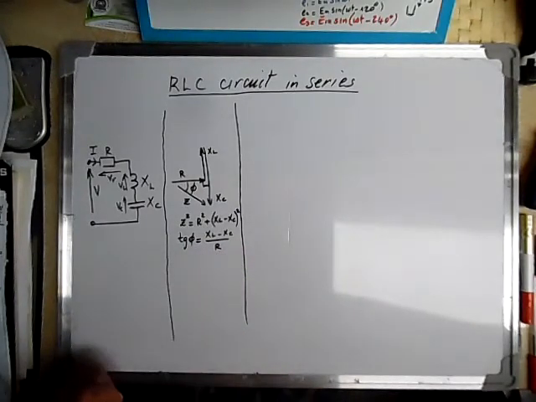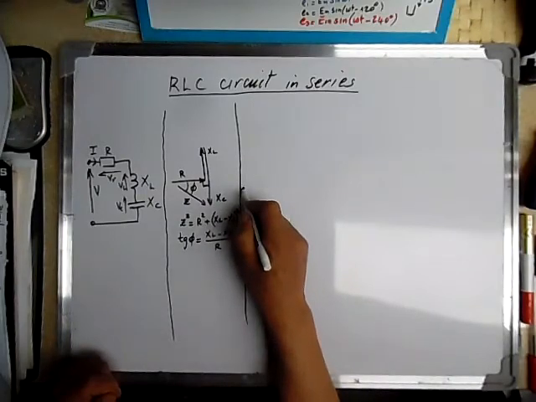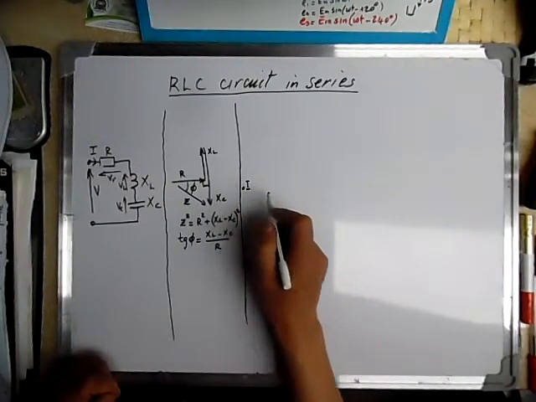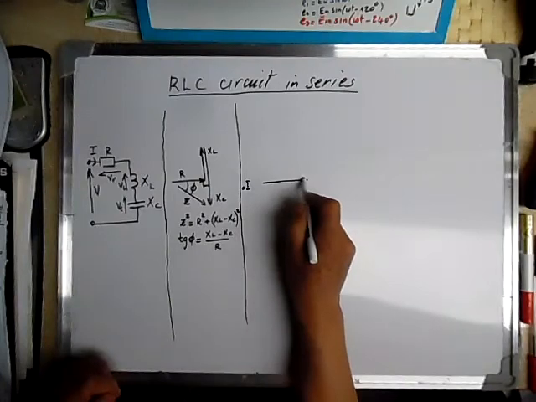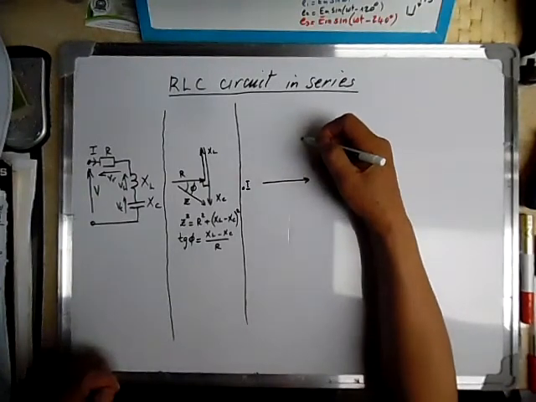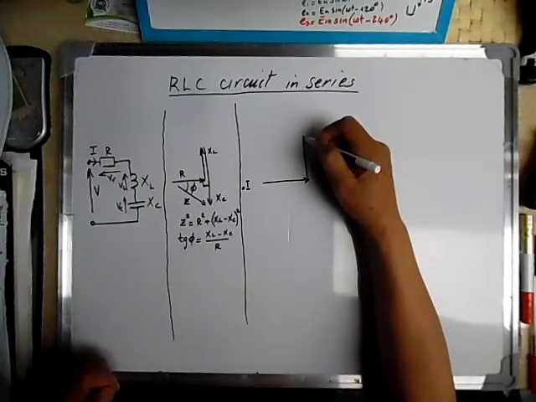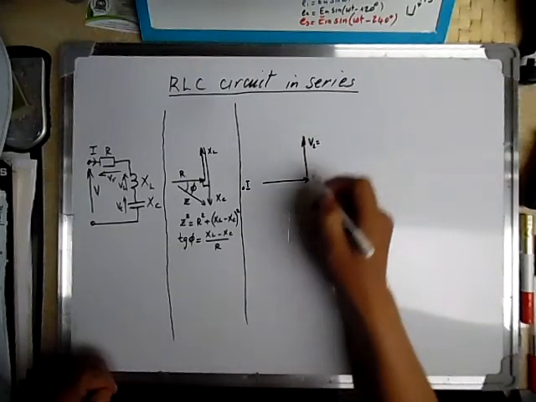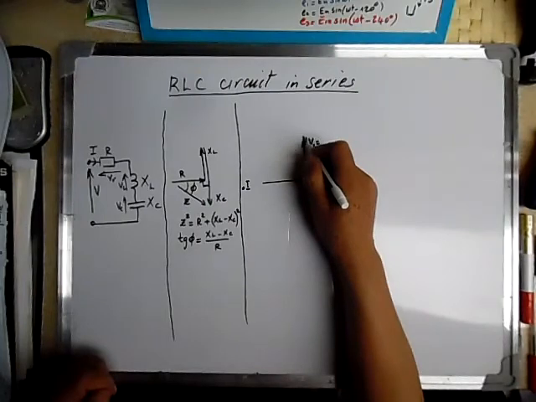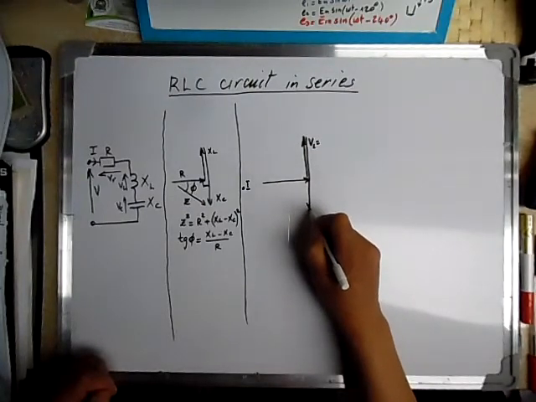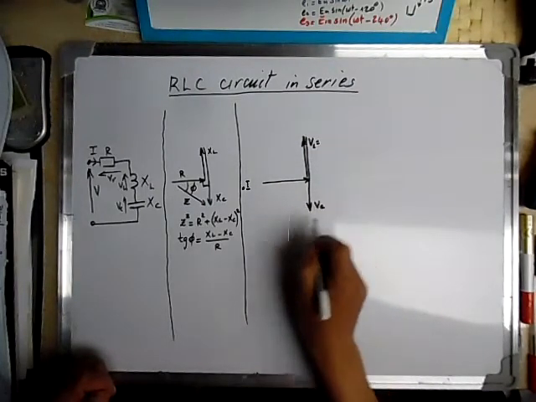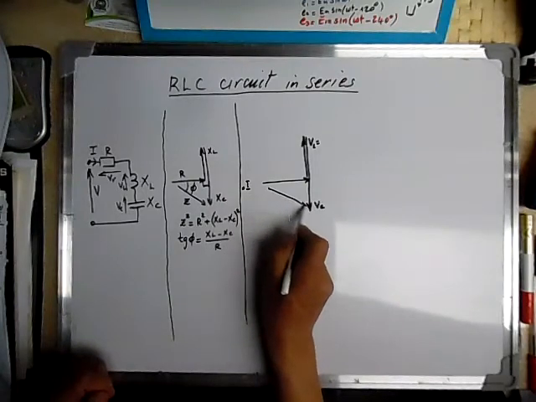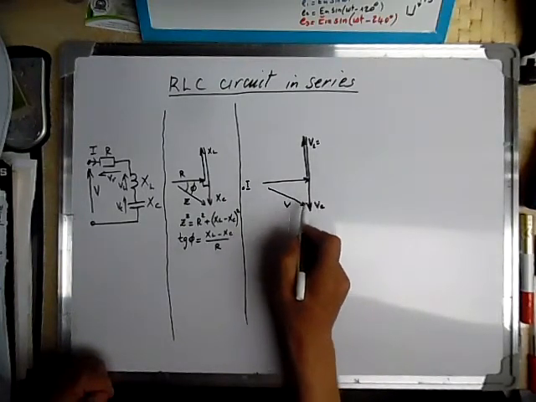The good thing about this method, if we multiply this vector diagram by I, we obtain the voltage diagram. Voltage diagram, I will draw it here. VL, VC, and V, the total voltage.